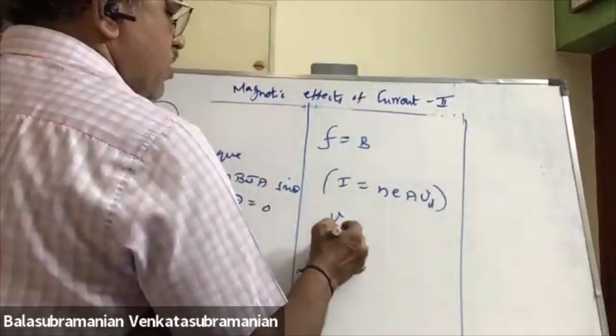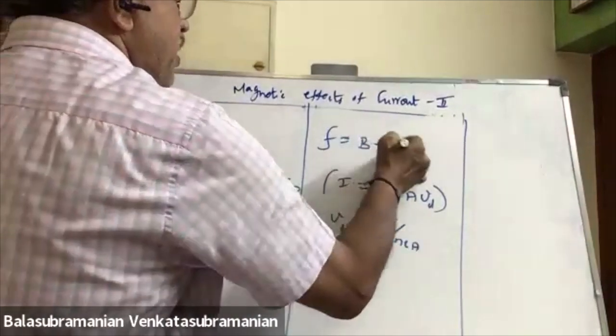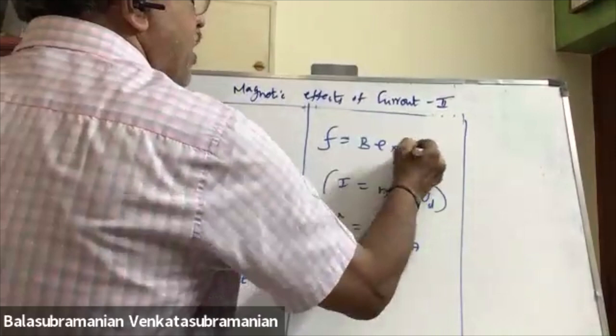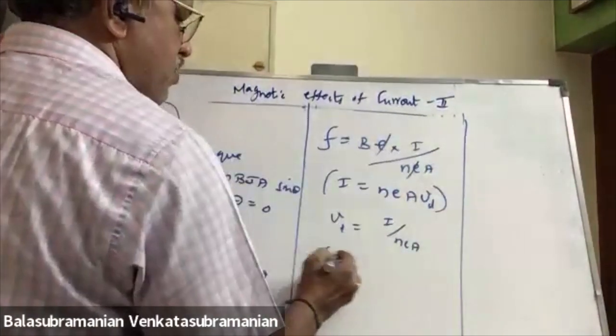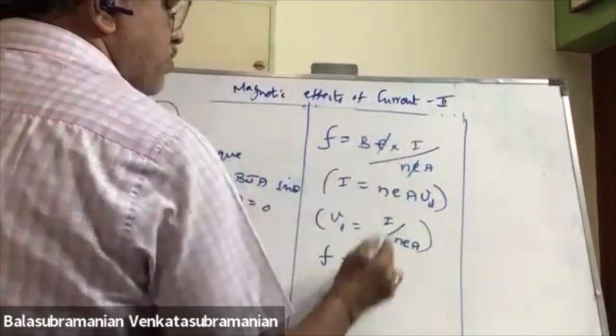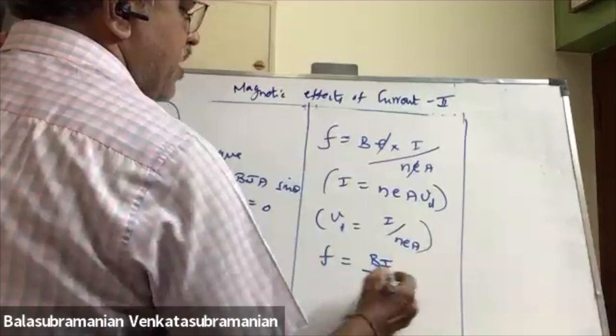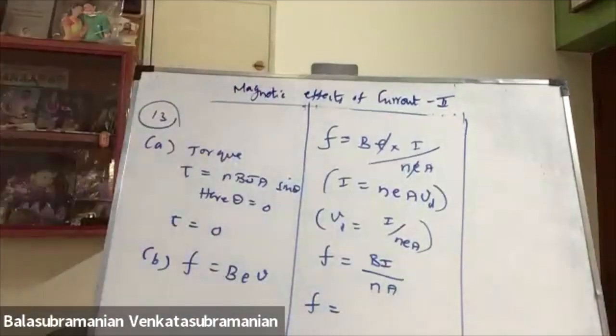So, V is equal to I by NeA. BeI by NeA, cancel. So, F is equal to B into I by N into A. This is the force.